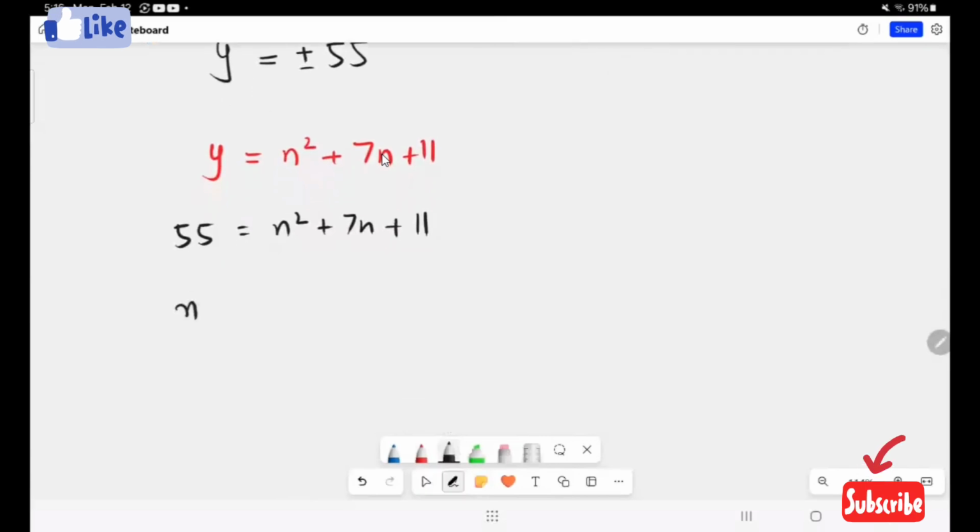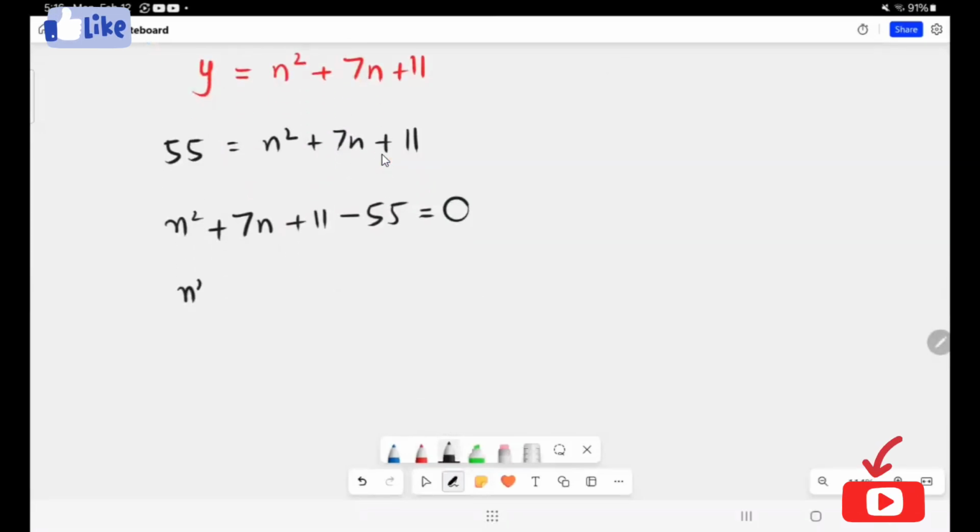Now this n squared plus 7n plus 11 I'm going to take to the other side, with 55, and the whole thing becomes 0. n squared plus 7n minus 44 is equal to 0.